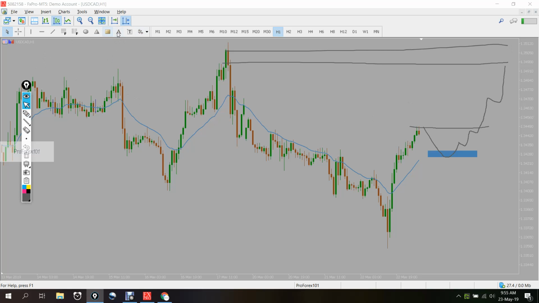Your initial target is always going to be here. Be very mindful of where your targets are, because we can hit this area and then turn around again that we're not sure of, but once we turn around from this supply and demand area, we know the market will be heading long.